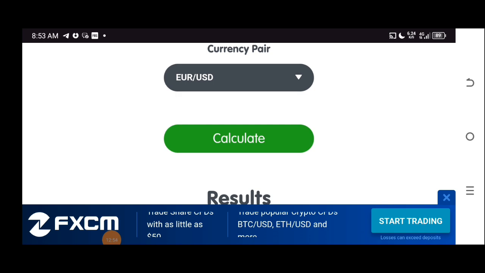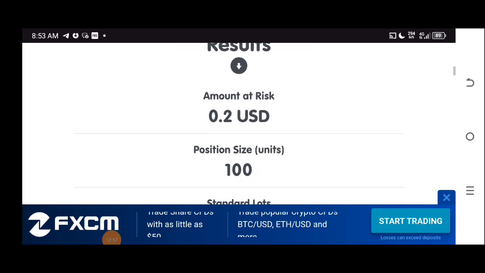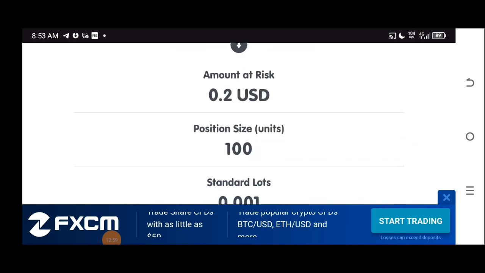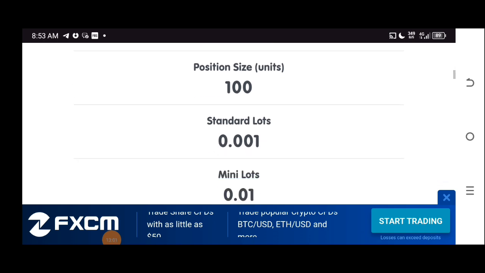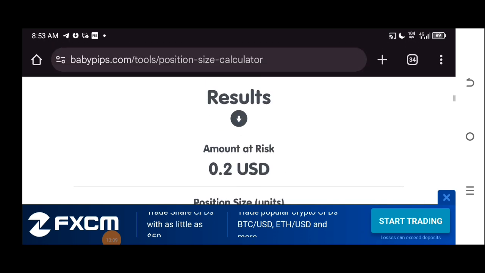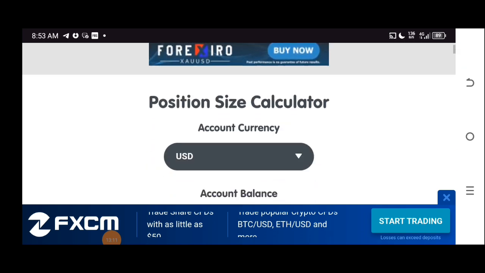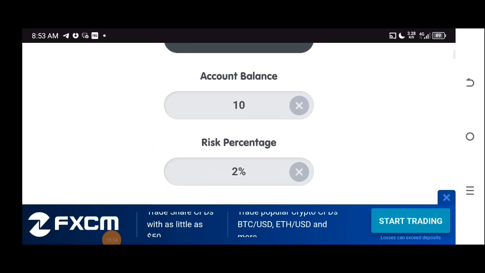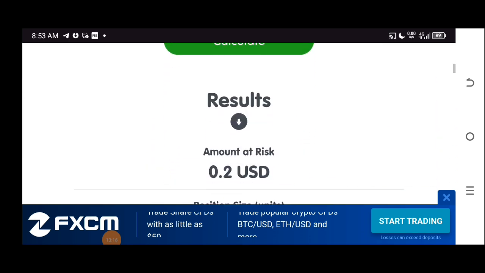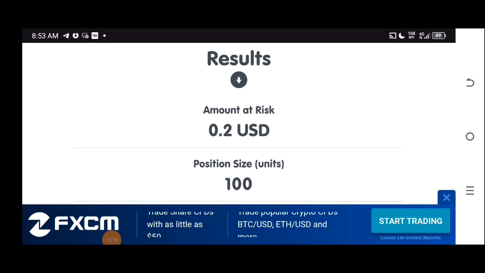And let's calculate and see. So as you can see, the amount at risk is 0.2 and the standard lot you can use is 0.01. So you can only open one position of 0.01 when you are trading Euro USD. And that will give you a risk percentage of 2%. That means you're going to be trading with only 0.2 US dollars.